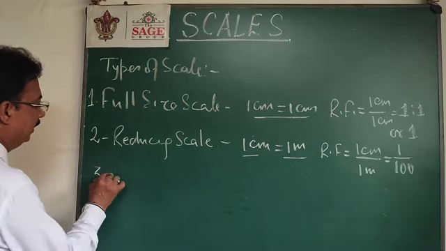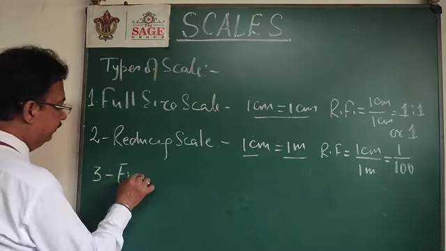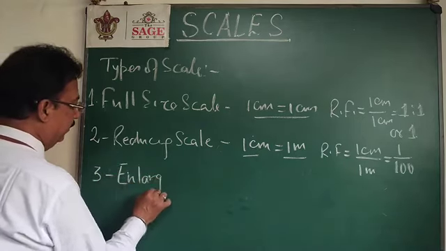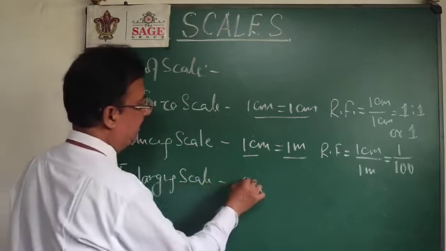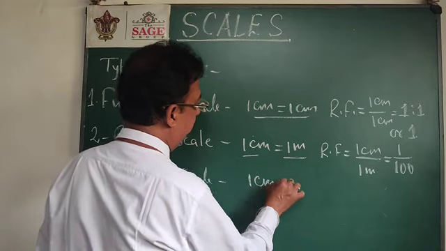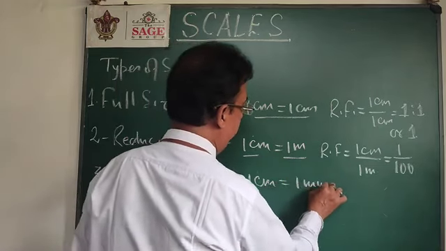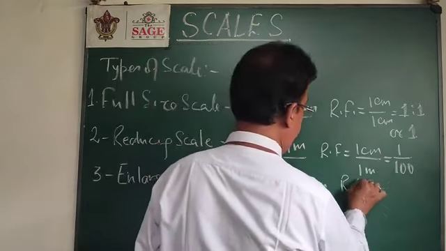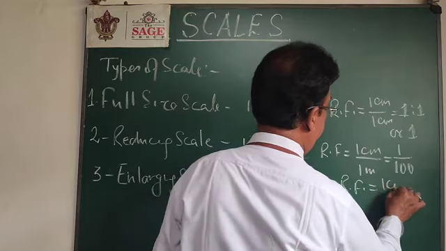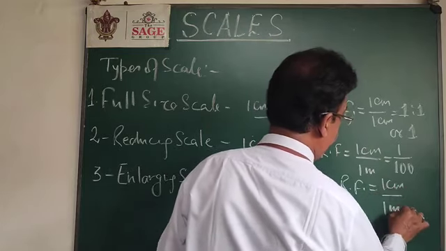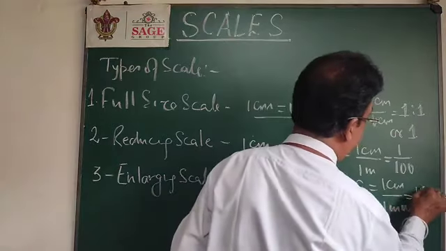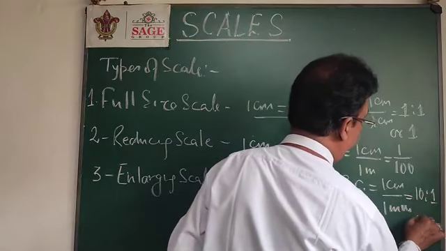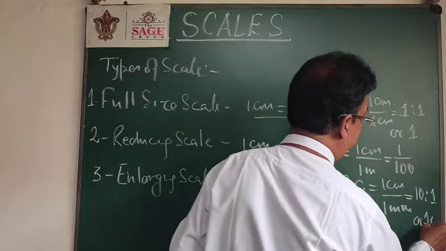Third type of scale, that is the enlarging scale. For an enlarging scale, if I take an example, 1 centimeter equals 1 millimeter, then RF for this will be 1 centimeter divided by 1 mm. 1 centimeter equals 10 mm, so that is 10 is to 1, or you can say 10.